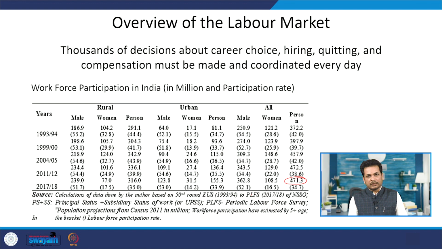So, 500 plus million people are in the labor force, and out of that 471 million people are in the workforce. You can see the distribution between male and female again across rural and urban areas. You can get an idea of the magnitude of the labor market. And all these people take thousands of decisions in their day to day life about their career choices, hiring, quitting.